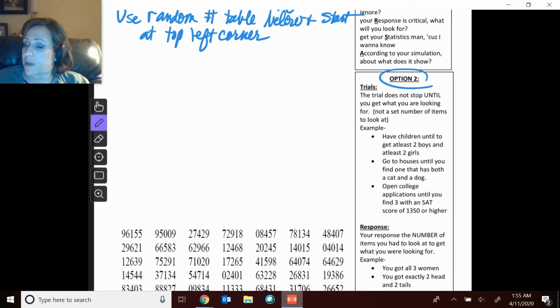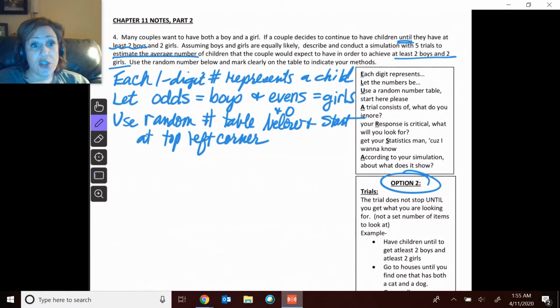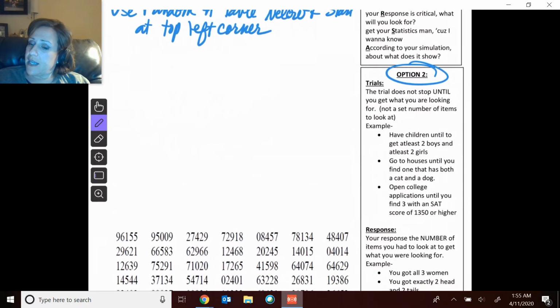All right, but let's look. These are type 2 problems where we are estimating an average. In fact, up here in the question, these are different than the ones in the other video, because these are estimating the average number of items we will look at, or the children they will have, until we get what we are looking for. So down here, a trial does not stop until you get what you were looking for.